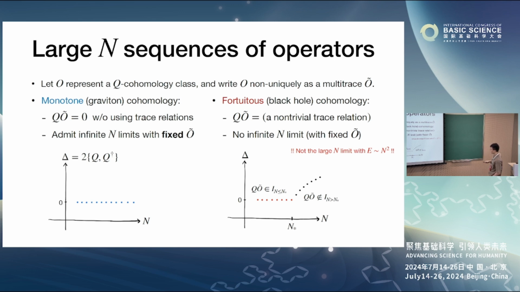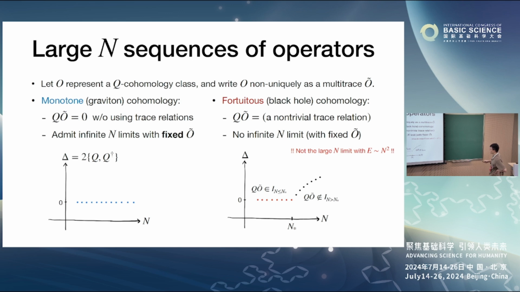So there should exist some rank, I call it n star, such that if n is greater than n star, then Q acting on O tilde is not a trace relation. But if n is less than n star, then Q acting on O tilde is a trace relation. So that means O is only Q closed when the rank is smaller than n star. But O is not a Q closed operator when n is greater than n star.